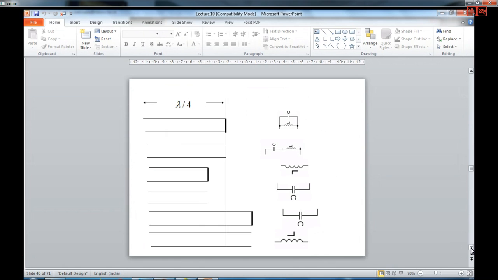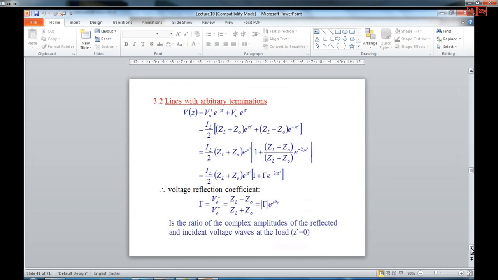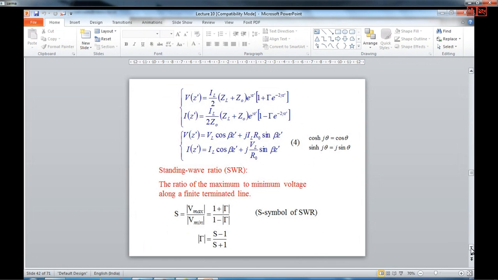works. And in today's class, we have also come across a new parameter, that is the reflection coefficient, which is a complex quantity and which is a measure of how much reflection is happening on a particular transmission line due to mismatched load. That is, if the load is matched, there is no reflection at all. All the power that is given from the transmitter will be faithfully transmitted into the load by the transmission line.